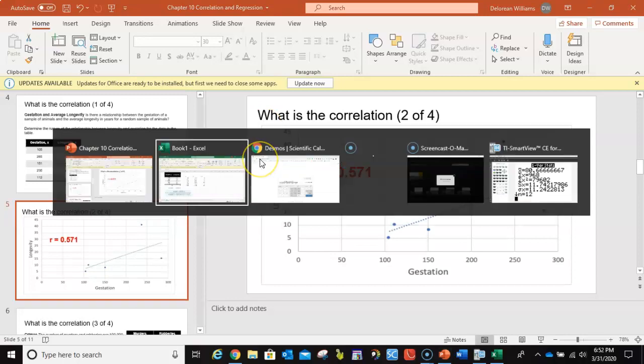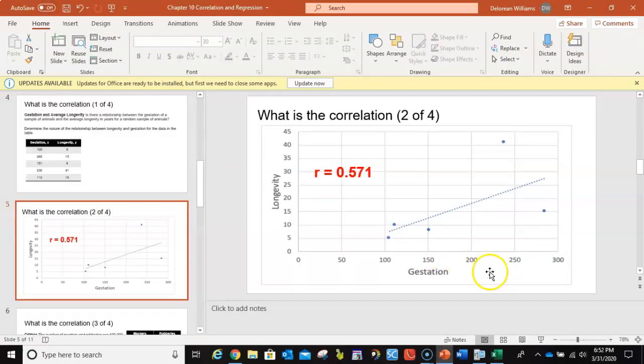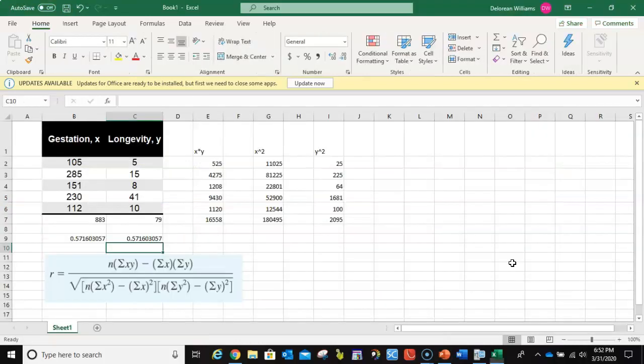So if I go back to my Excel and I take away that particular point, the one between 200 and 250, goes up to 41, this one. If I remove this one, I have a higher correlation, right? Because that point is affecting the other points. The other points are more closely related, and that point's like the oddball out. So I get an even more precise or even more accurate relationship between the gestational longevity without that particular sample value.